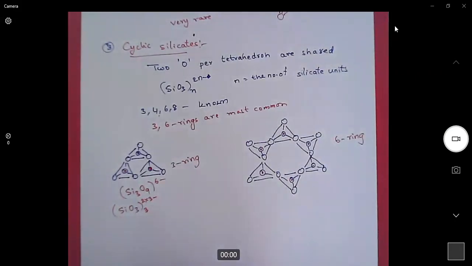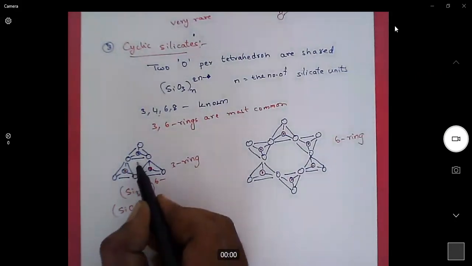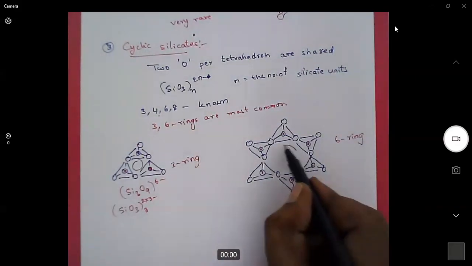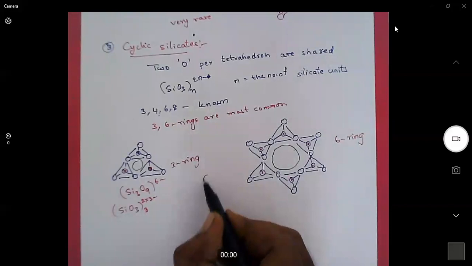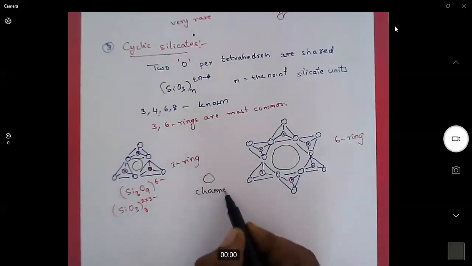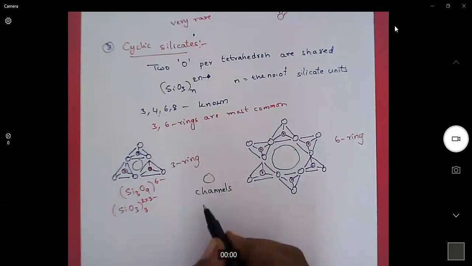When you look at the structure of these silicates, you might have observed a special entity with these cyclic silicates. There is a free space inside these cyclic silicate units. If it is a long one, it is called a channel, or if it is simple and three-dimensional, sphere-like, it is called a cavity or void, or simply some space.